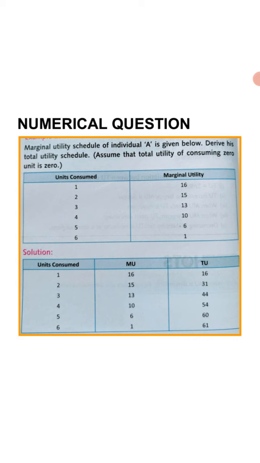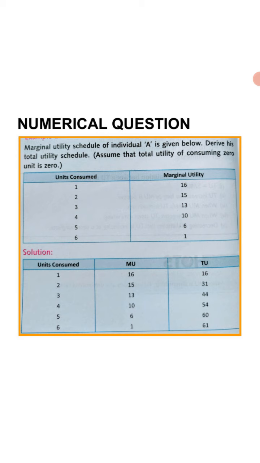Now just see a numerical over here. In this, units and marginal utility are given, and out of this the total utility is to be calculated. If we recall the formula of MU, MU equals TUn minus TUn-1. So if we have to calculate MU from TU, we subtract.